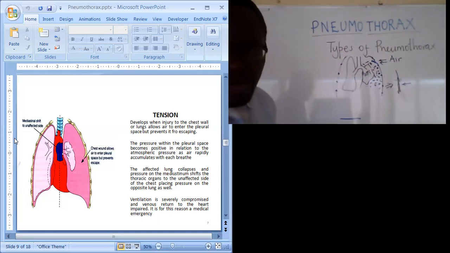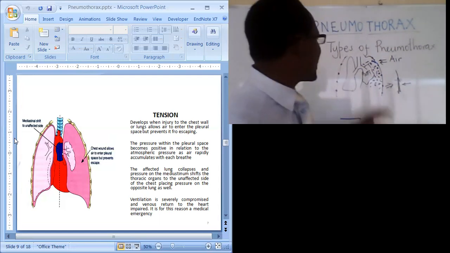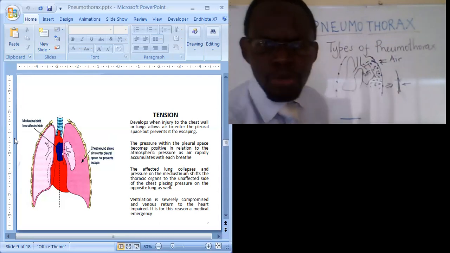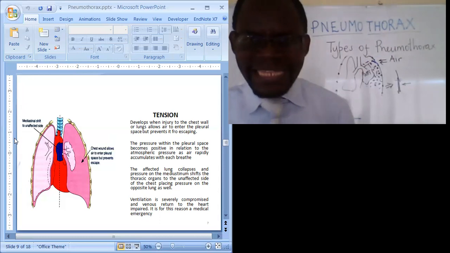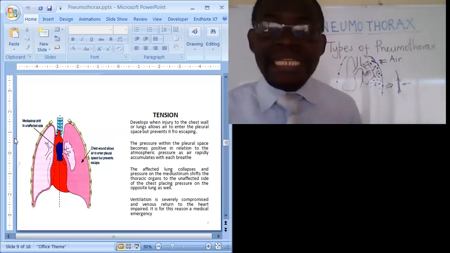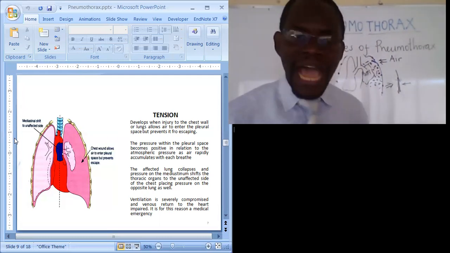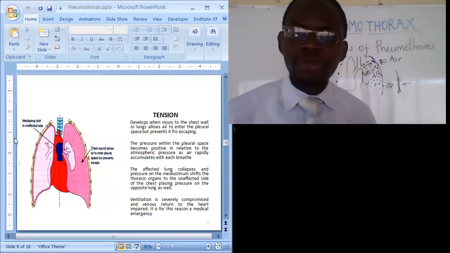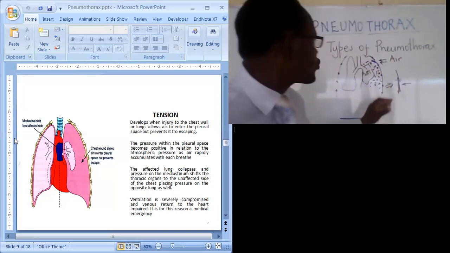As a result, air keeps on accumulating within the pleural space to such an extent that it entirely collapses the affected lung. And because of too much pressure, it even affects the opposite lung, and causes the heart and the trachea to shift.